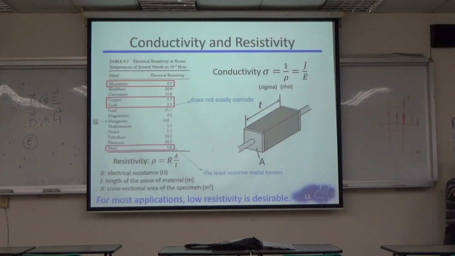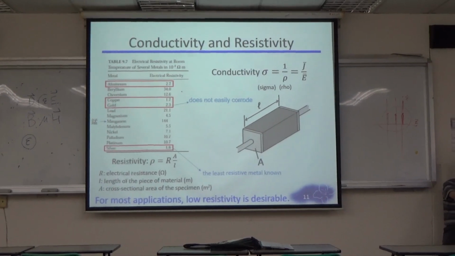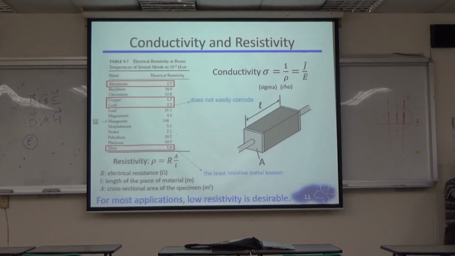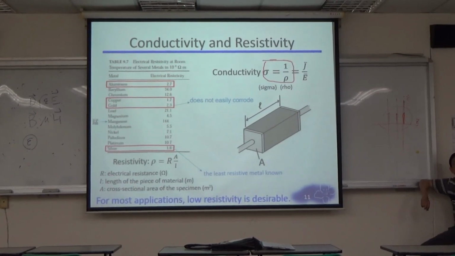I found this material from other books. Maybe you will also have this table from your POSA. There is a table of the resistivity, for example for aluminum. The definition is that conductivity equals 1 over resistivity.